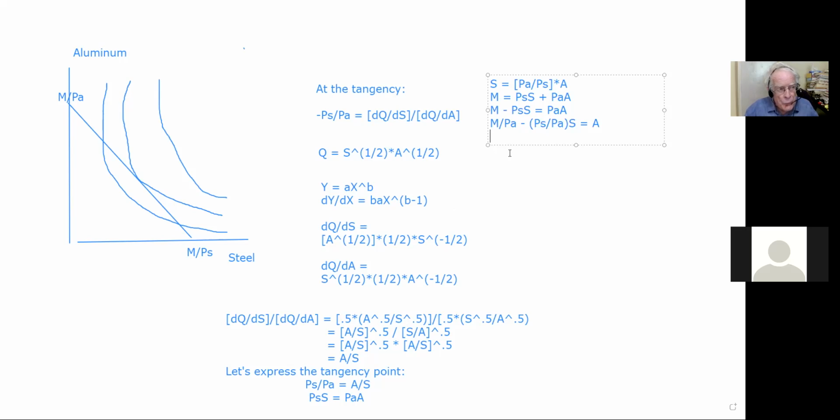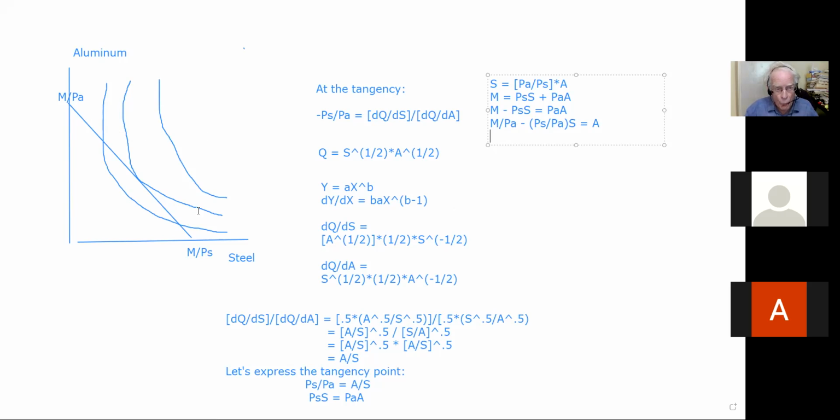And by the way, notice that this is also the function for our isocost line.